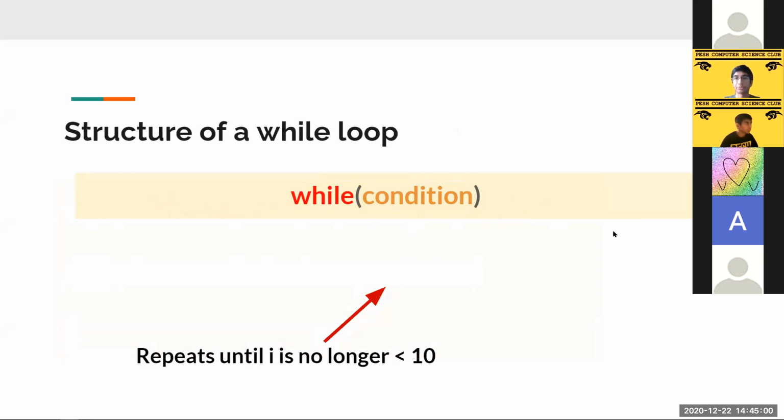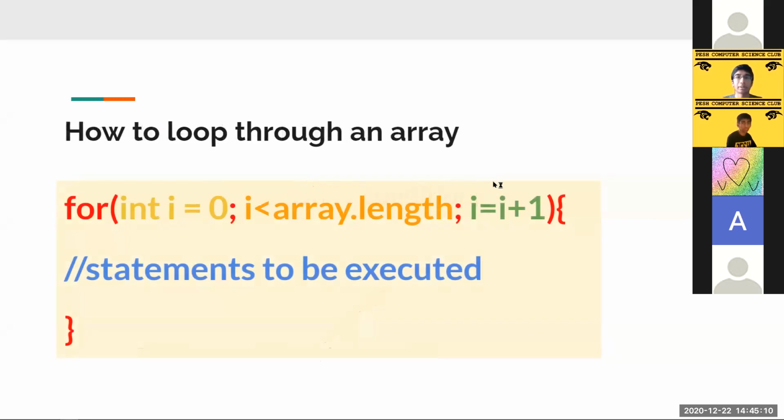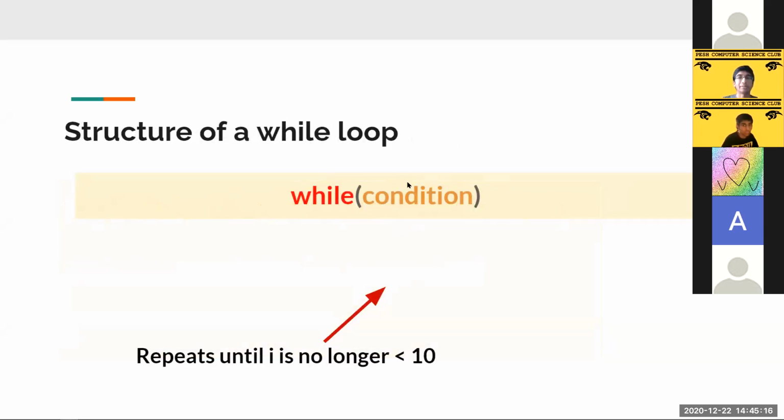and show you another type of loop. And this is the structure of a while loop. So like a for loop, it has a condition. While this condition is true, it will run. So for example, while i is less than 10, this loop will run.